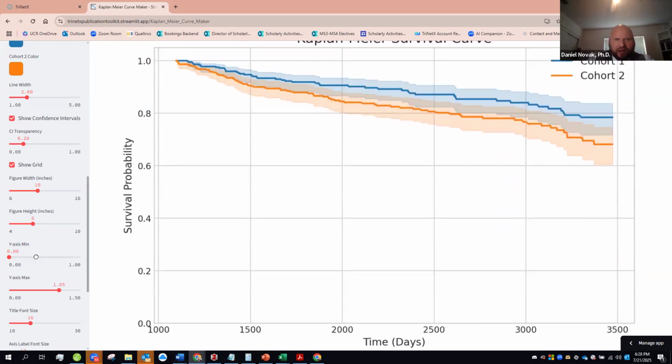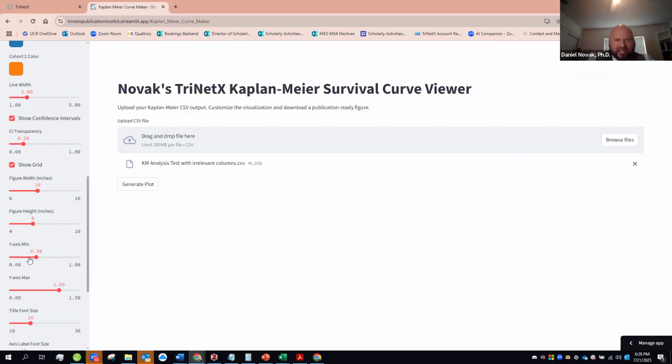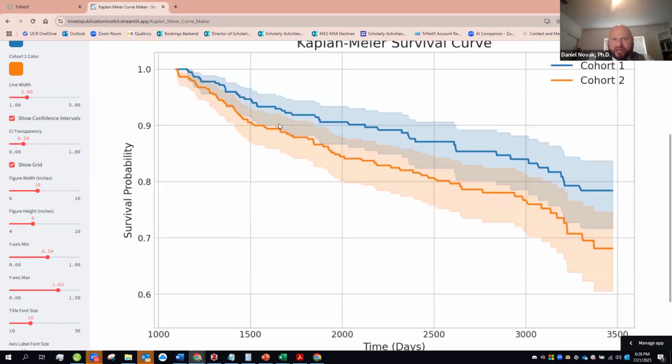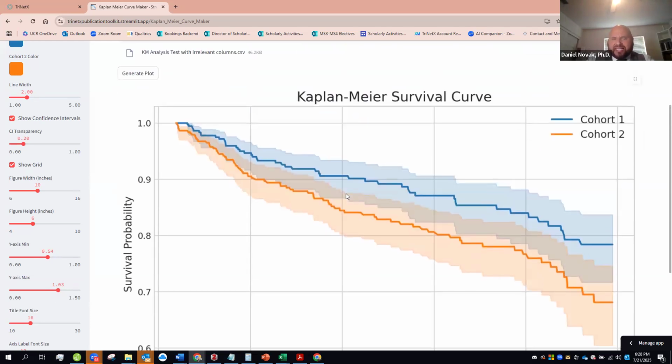So you can say, I want the y-axis to go from 0.55 to, or let's say even 0.54. And so you'll find that you can actually zoom in and get a much better, higher resolution view of the area of your graph that's of interest.